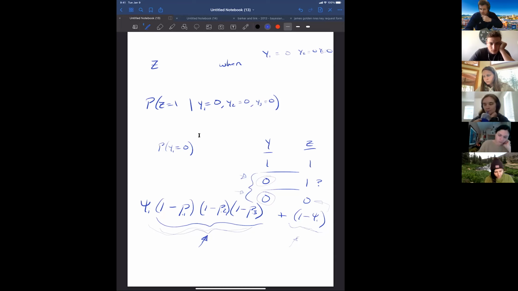Now, if our detection probability is high, this should be 1 minus p. Does this function work? Oh, Perry, we're not on your R screen. Oh, okay. Here we go. Thank you.